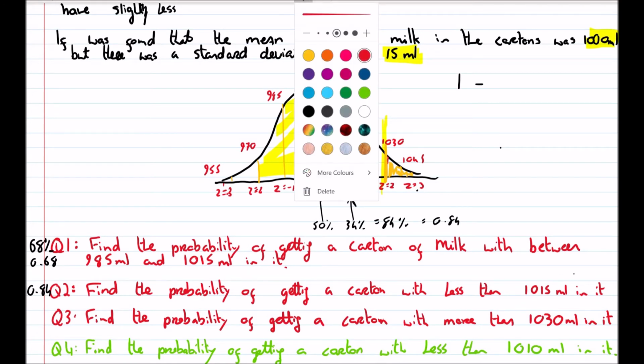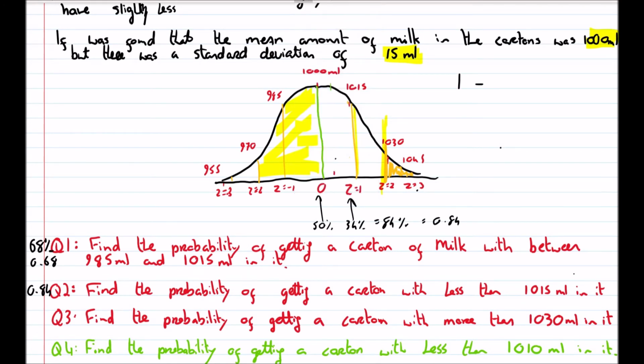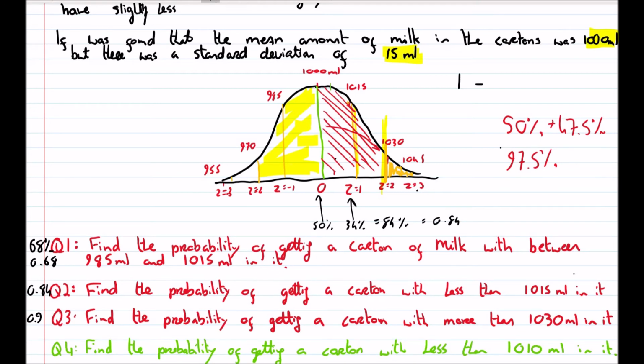This here then, from here all the way up to here, I'll shade it in, 47.5%. So we have the 50% up to the middle, plus the 47.5%, which will give us 97.5%. So 0.975 it is as a decimal.